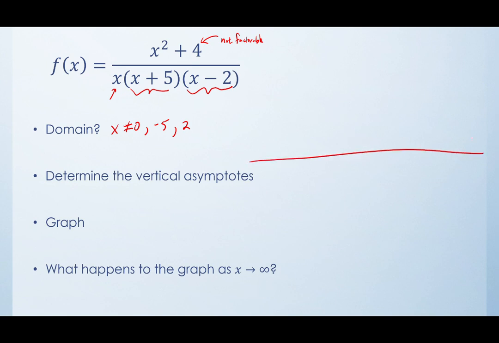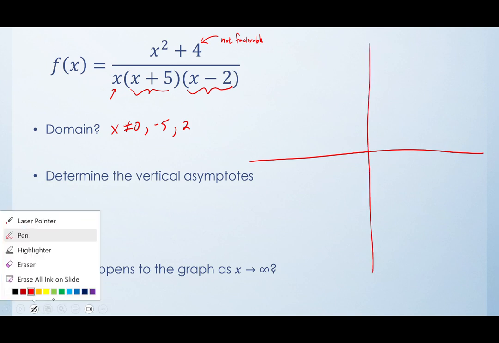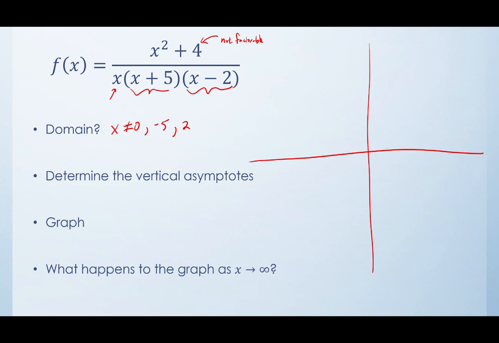So I didn't put graph paper on here, so we will sketch out some stuff, right? And of course we have a vertical asymptote at 2. We have one at 0, and one at -5.